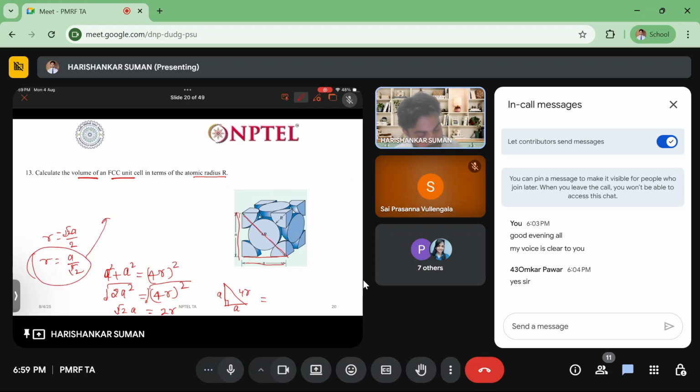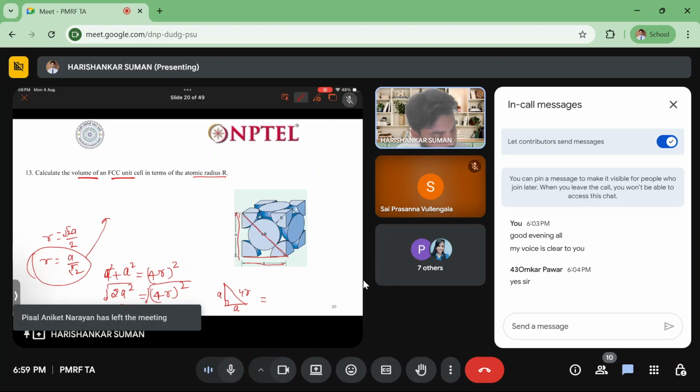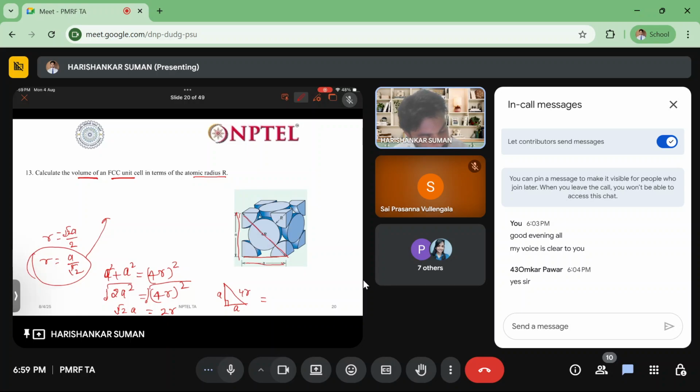Use this relation, and if the lattice parameter of the cube is A, the volume is A cube. Please put the value of A in terms of R, like root 2 R equals A, cube. 2 root 2 R cube in terms of R will be the volume.